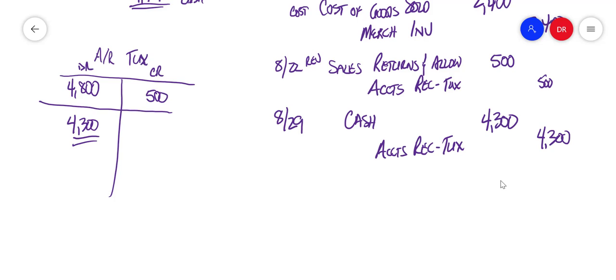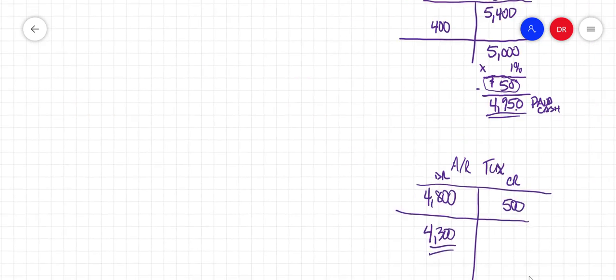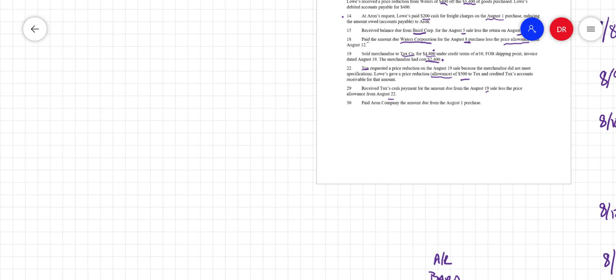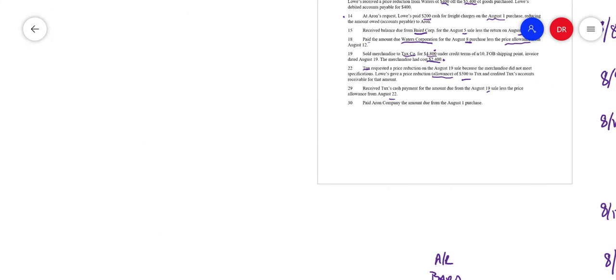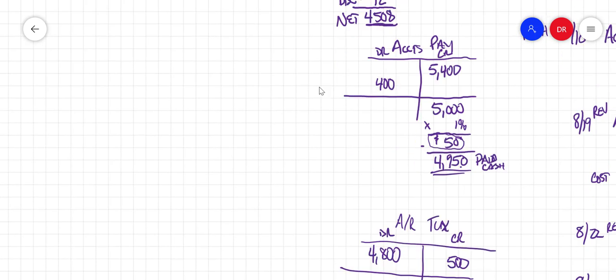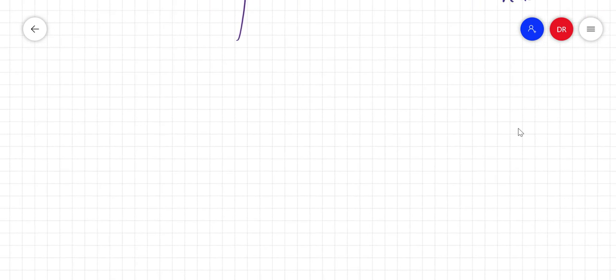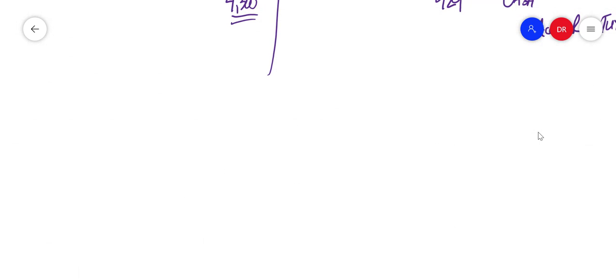Okay, then on August the 30th, back up here again, it says that we paid Aaron Company the amount due from the August 1st purchase. So we're going to go back down here and record that. Now, on August the 30th, we have to figure out what we actually owe to Aaron.